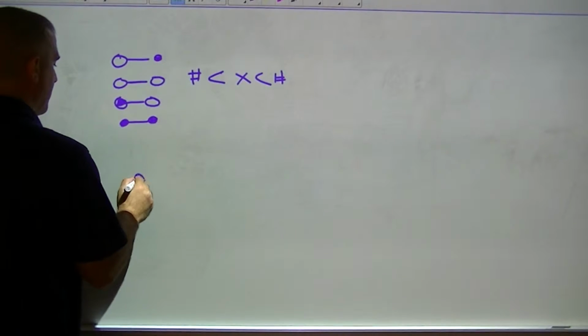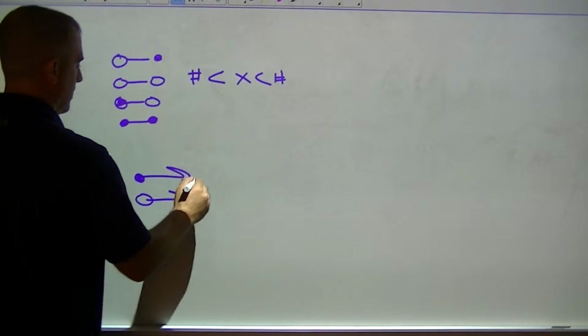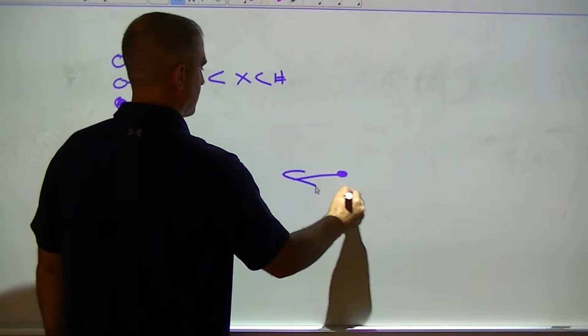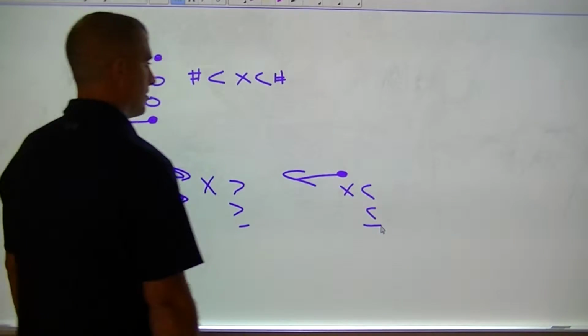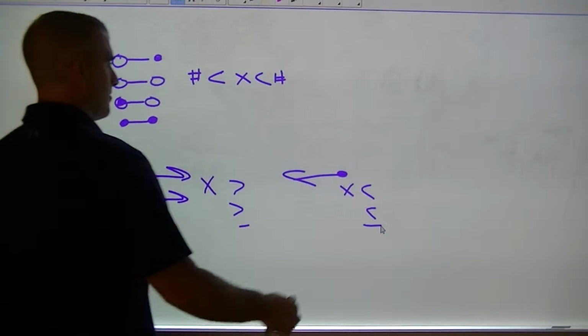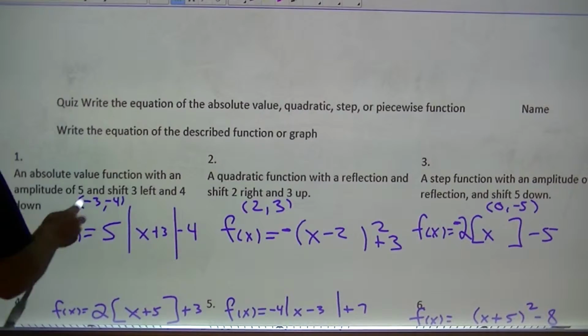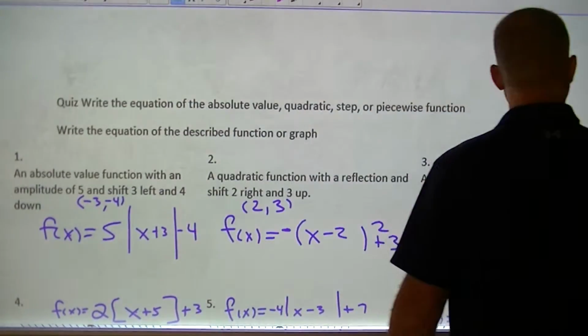If you have an arrow, it's got to be greater than or greater than or equal to. If you have a left arrow, it's got to be less than or equal to. So put in those conditions first. That's where a lot of people were struggling.